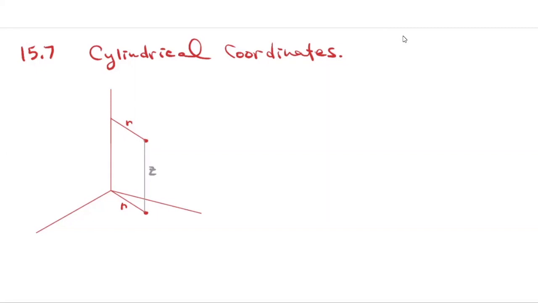Anyway, let's go on. So you've got R, you've got Z, and then let's go ahead and put theta. Theta, as always, is measured up from the x-axis, so it's going to be like that. Maybe I should make this a bit bigger.